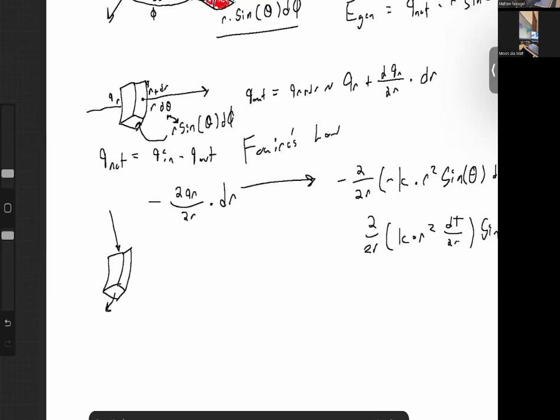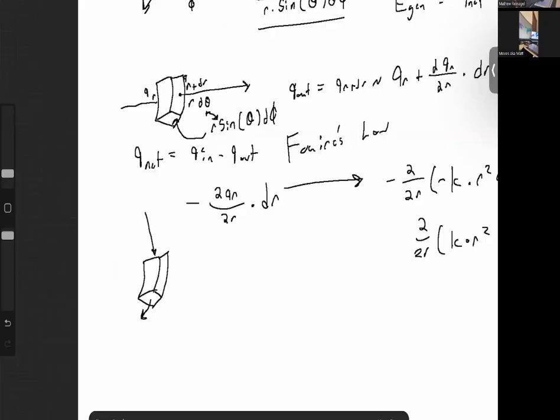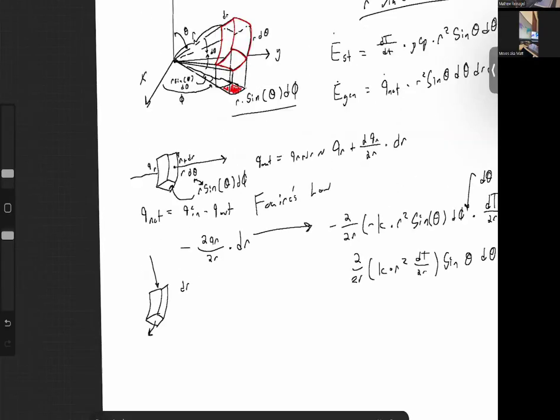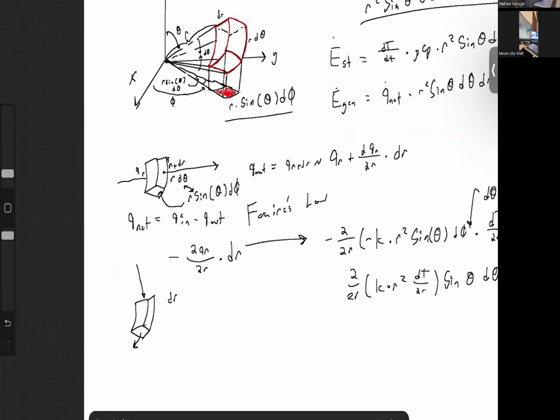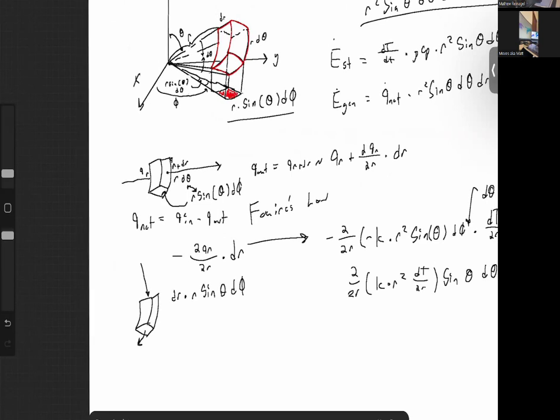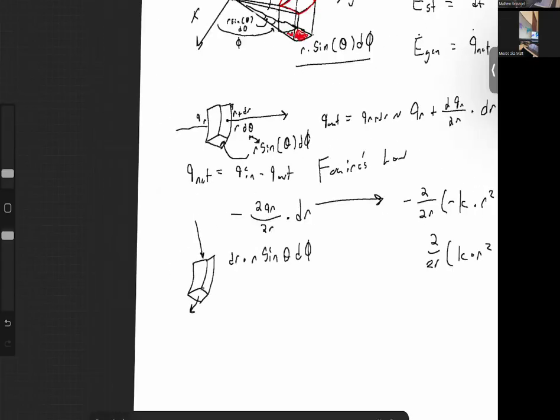So this is our theta sign. I'm just going to in advance do the area. This would be dR multiplied by R sine theta dφ.